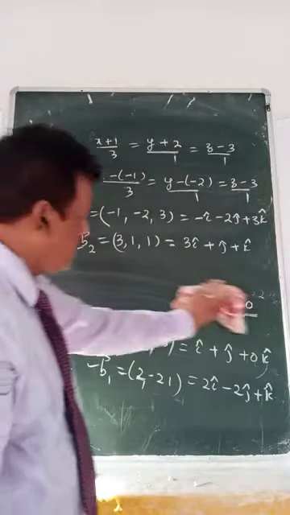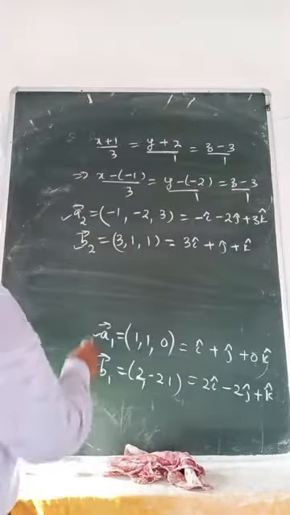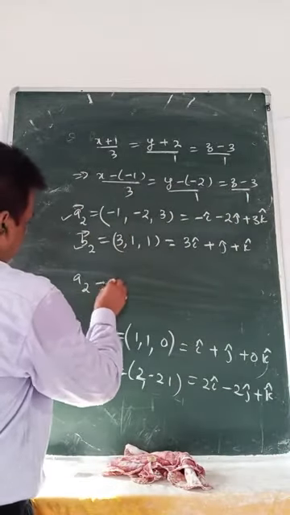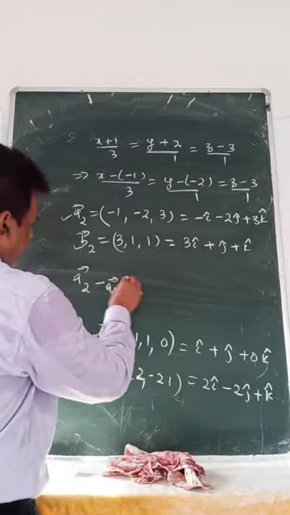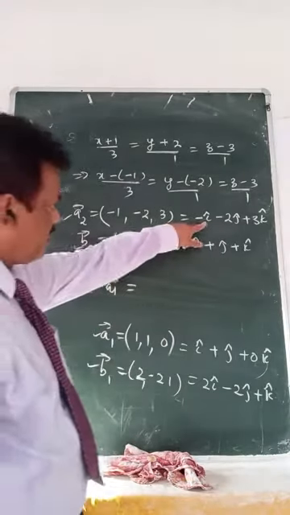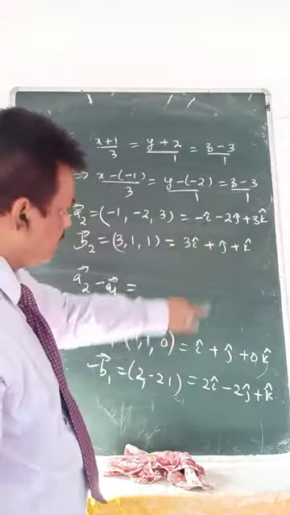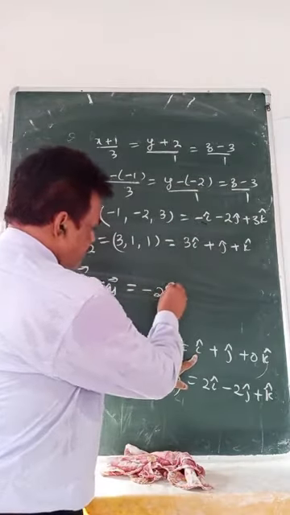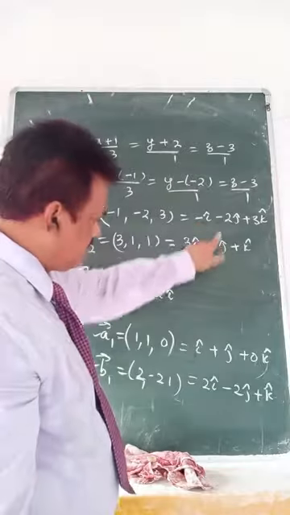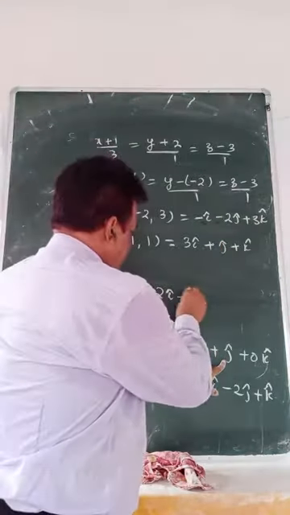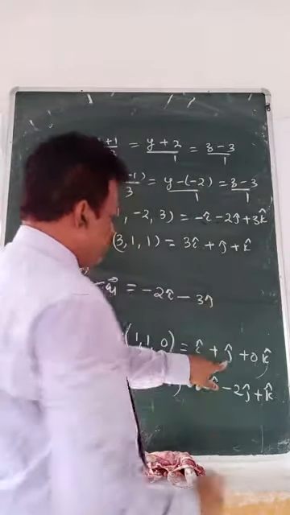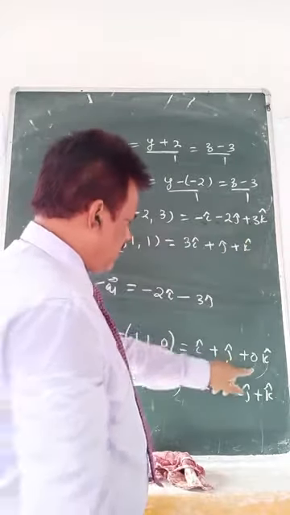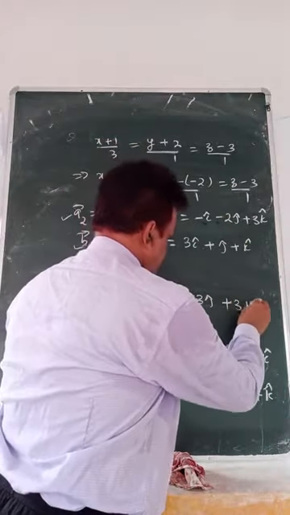Now let's find A2 minus A1. Directly you find A2 minus A1: -i -2i, -2j -j, 3k - 0k plus 3k.